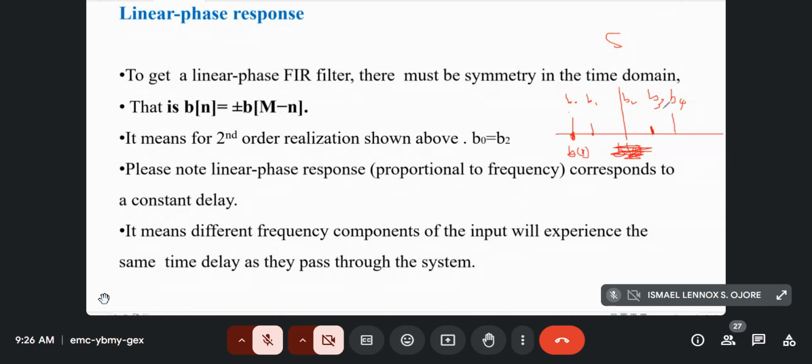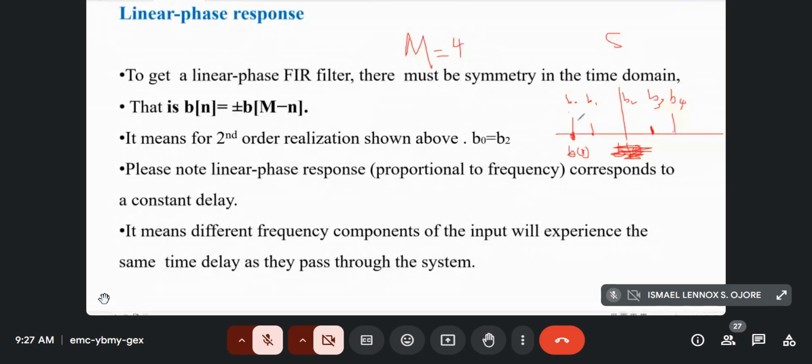So B0 is the same as m minus n, which is m minus 0. Oh, in this case m is 4, sorry. If there are 5 coefficients, it means m is equal to 4. That's where I was having a problem.